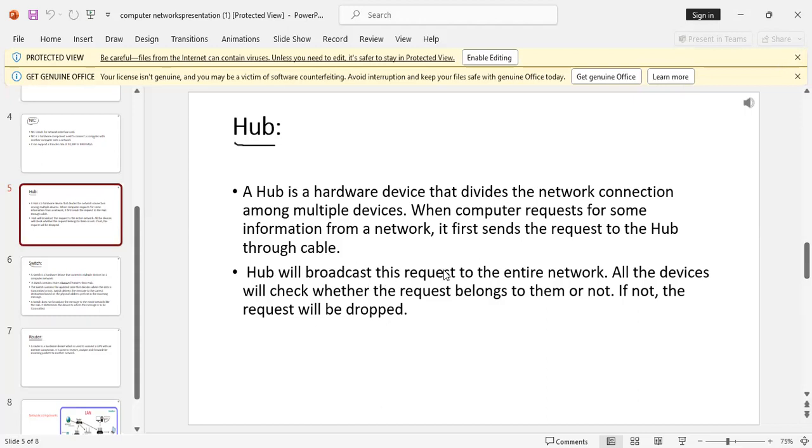The hub broadcasts this request to the entire network. All the devices will check whether the request belongs to them or not. If not, the request will be dropped. So we've seen there is a cable that connects to the network. Enoch, have you understood now? Yes, thank you, madam. I've now understood. Good. Any other question?